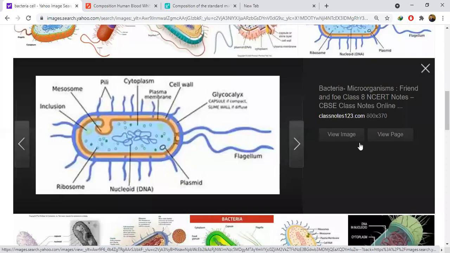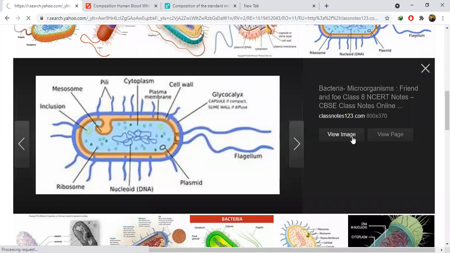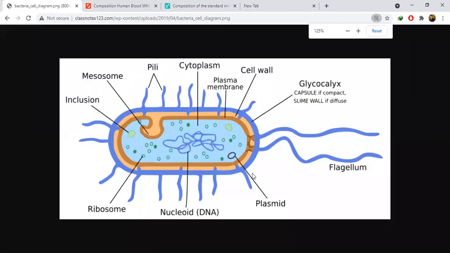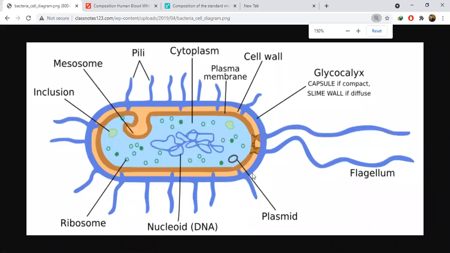Look at this bacteria cell. Can you see the word nucleoid there? Nucleoid, it is a DNA.